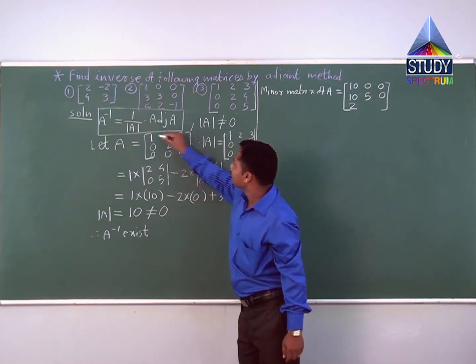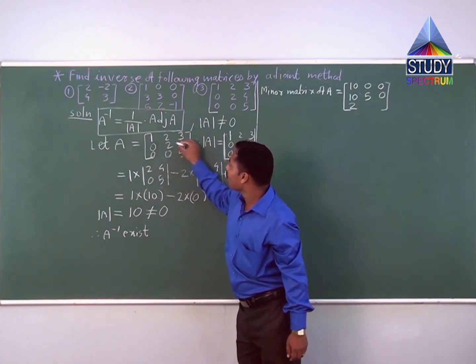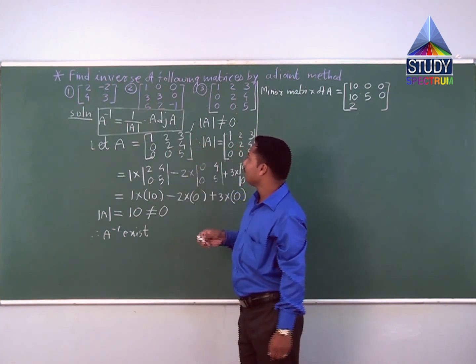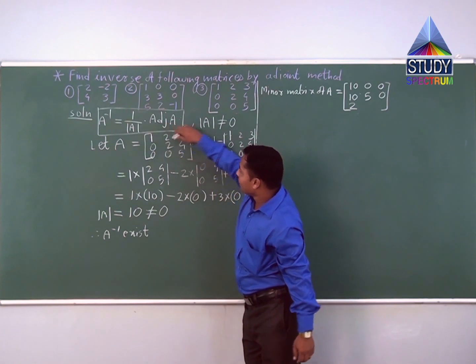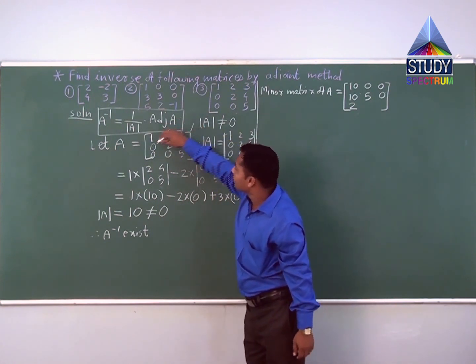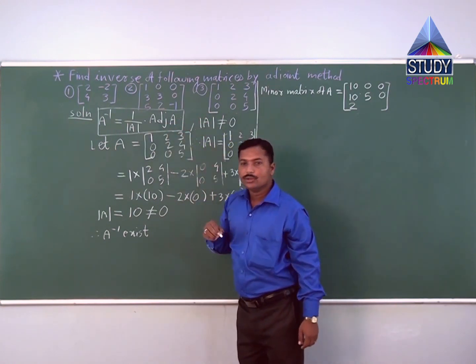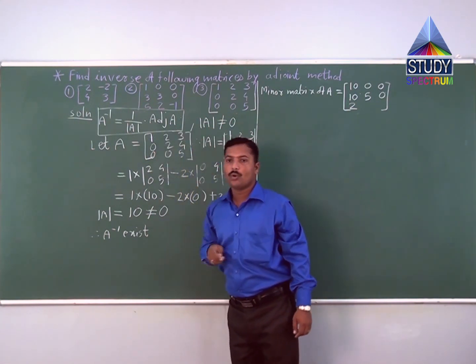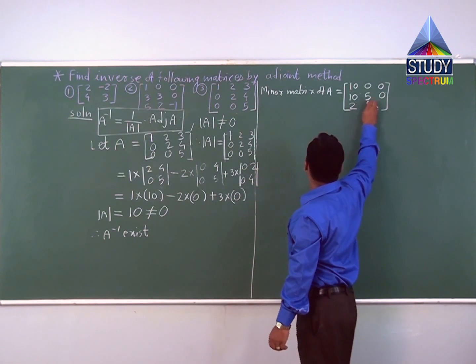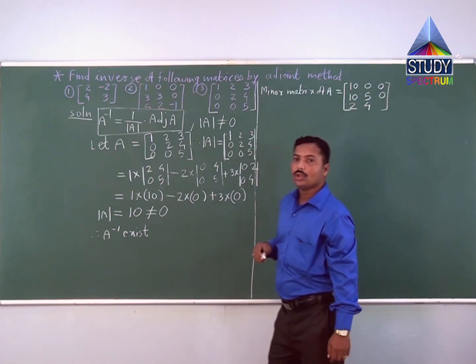So remaining part is 1, 3, 0, 4. We take the determinant. So 1 into 4, 4, minus 0 into 3, 0. So 4 minus 0, again 4.